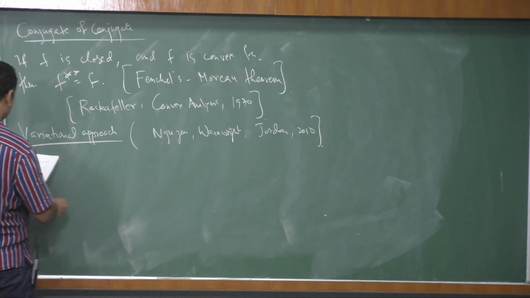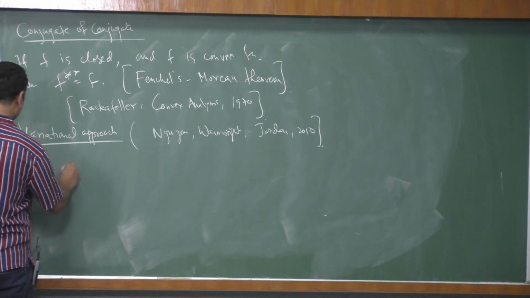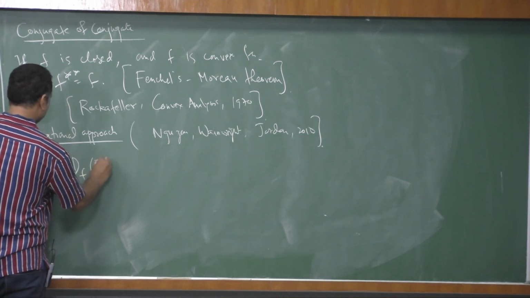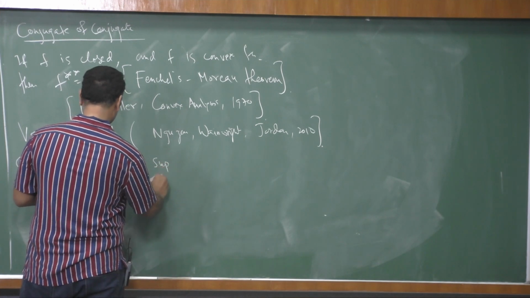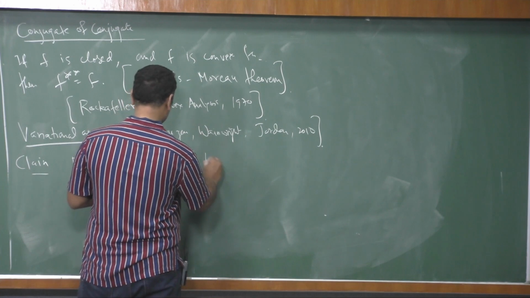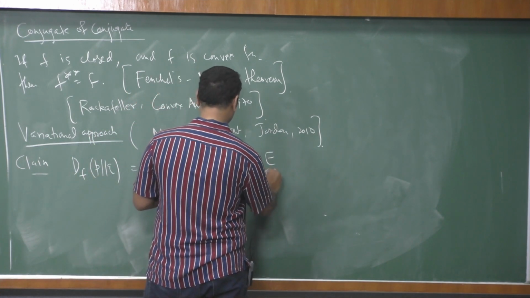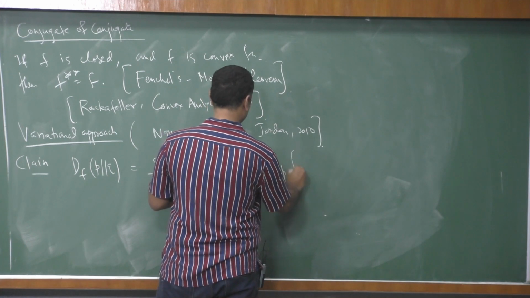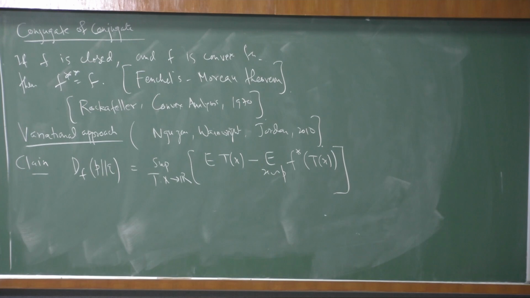The claim that we make is that D_f(P||Q), the f divergence, is the supremum over T of the expectation of T(X) minus f star T(X). It will become a little clearer what these T operators are.